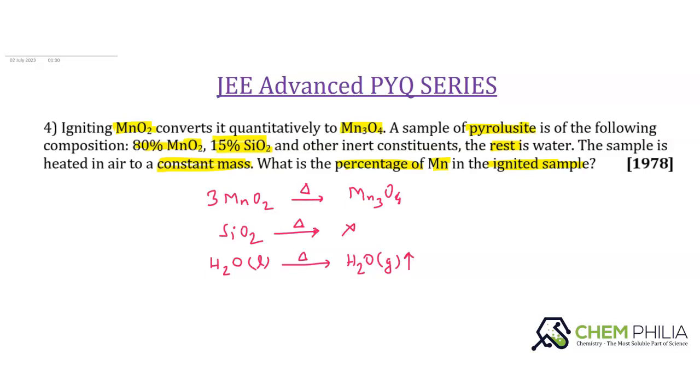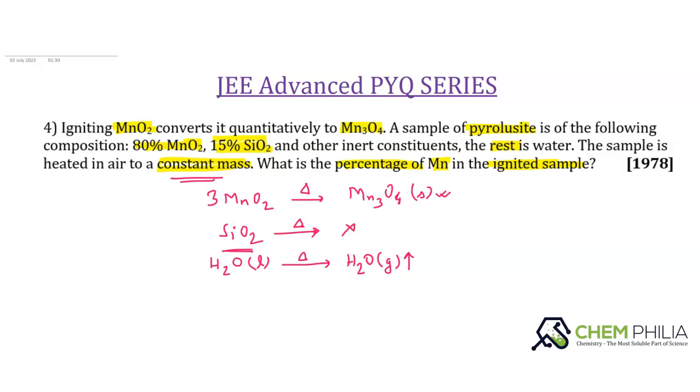Clear? So according to the question, after heating we get a constant mass. That means we get a residue. Now that residue contains, remember, Mn3O4, because Mn3O4 is a solid, and that residue also contains silica, because silica is unchanged. Clear?